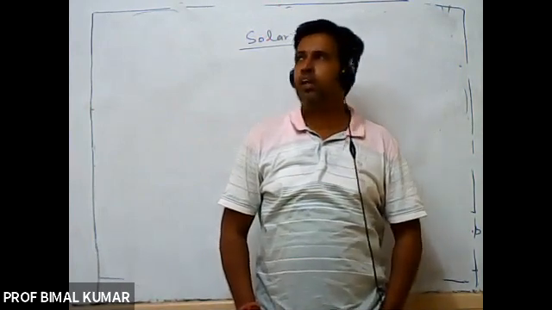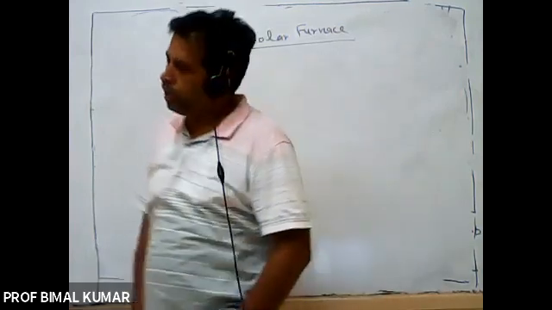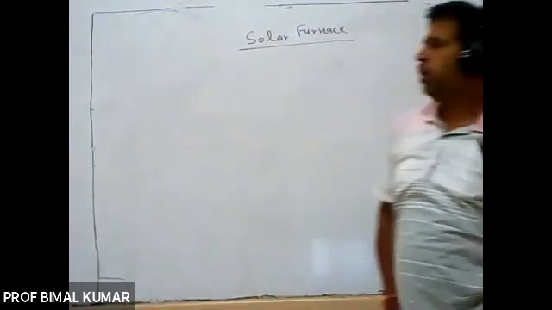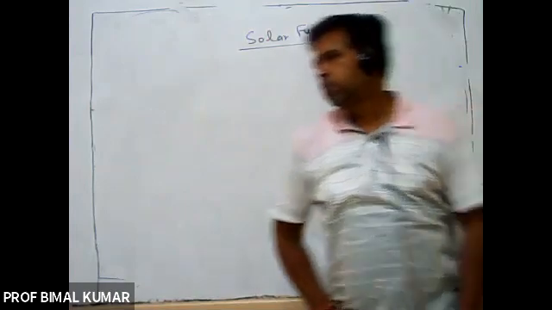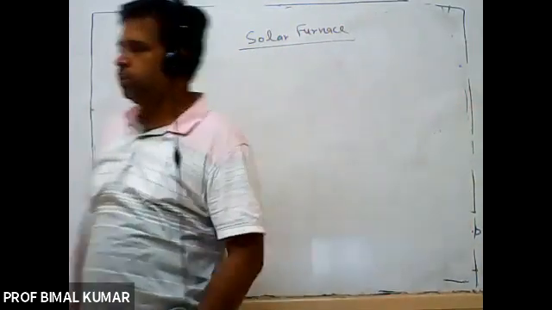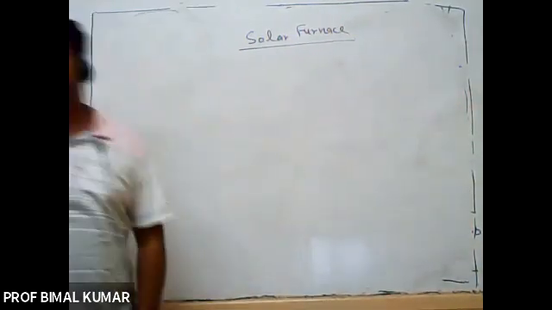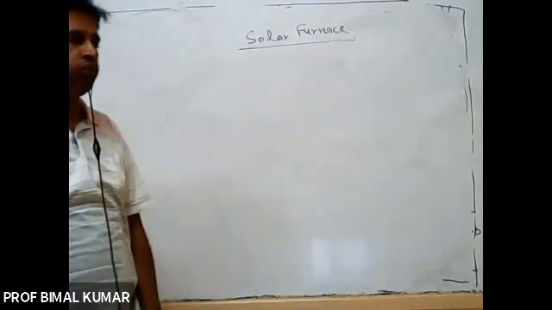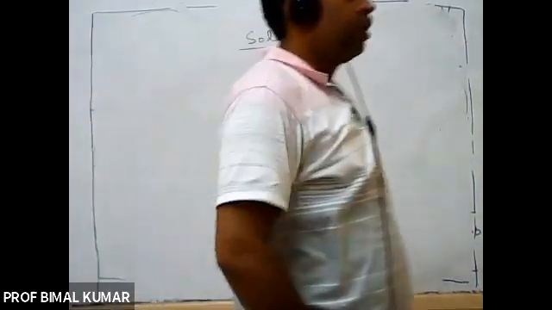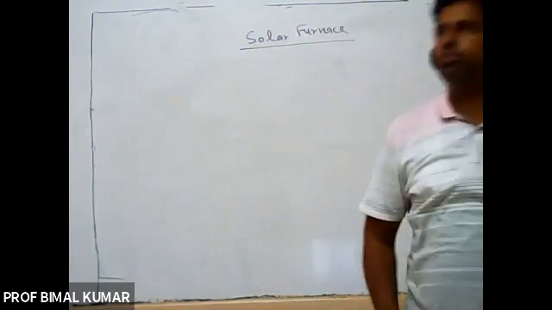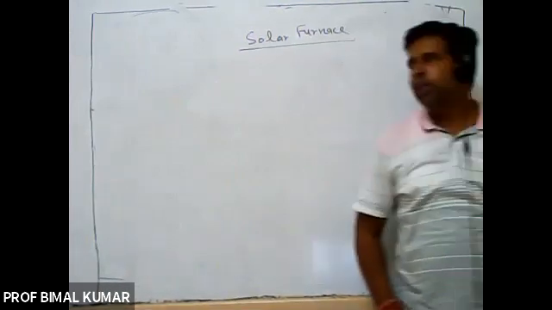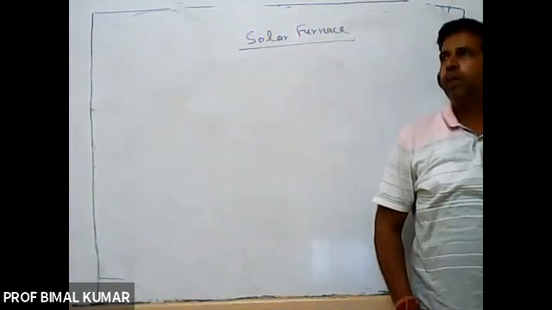And second is that there are two types of the solar cell, right? And then after that, as far as the output voltage of the solar cell is concerned, that will be only 0.5 volt.